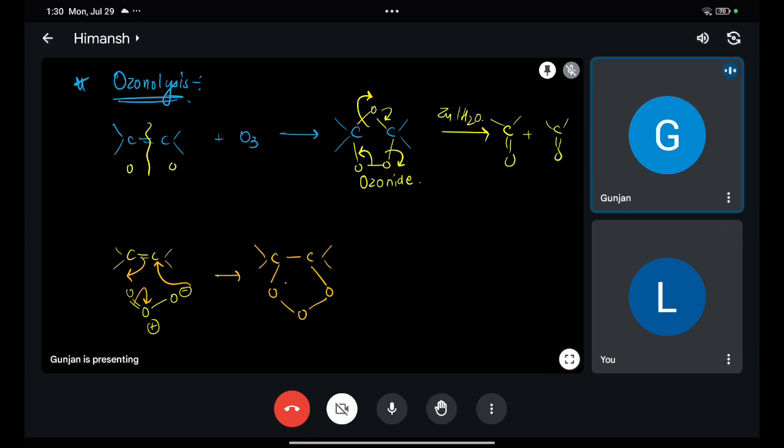Then what will happen? This carbon-carbon bond will transfer over here. When a new bond to oxygen is created, it is breaking the previous bond, like this. Then carbon double bond to oxygen, and this carbon got a positive charge, bond, oxygen, oxygen, and one more oxygen, but this oxygen is having a negative charge.